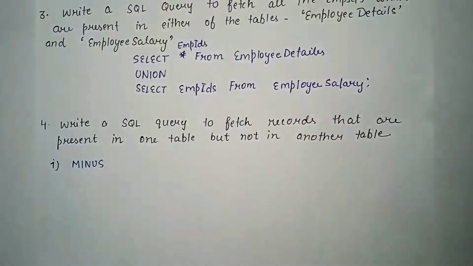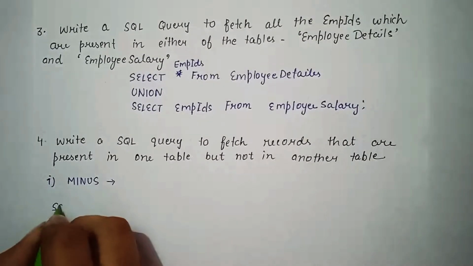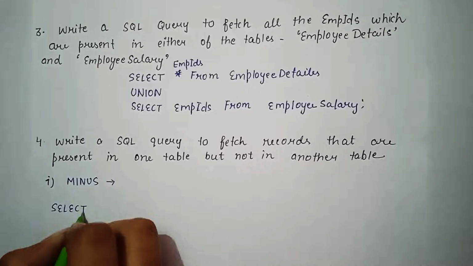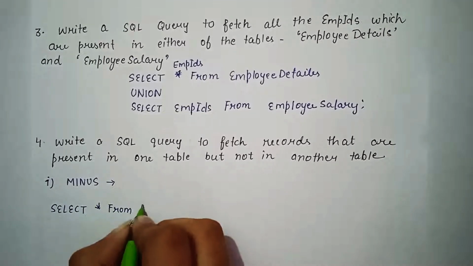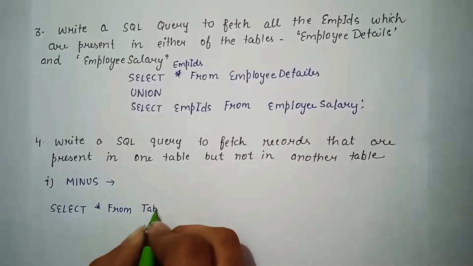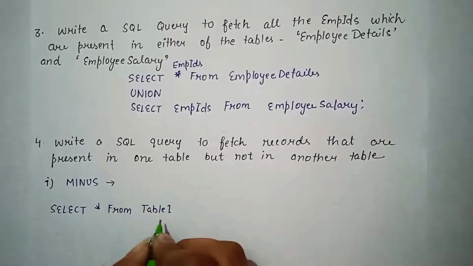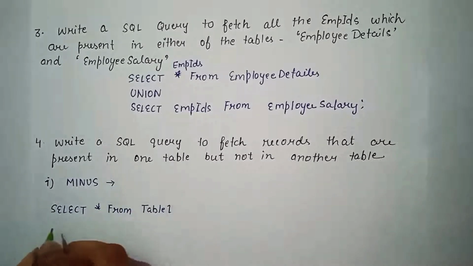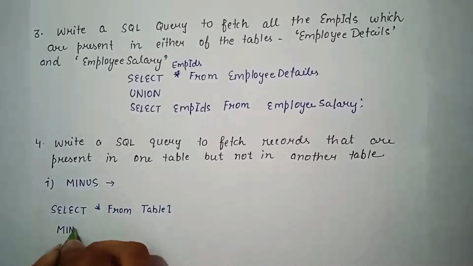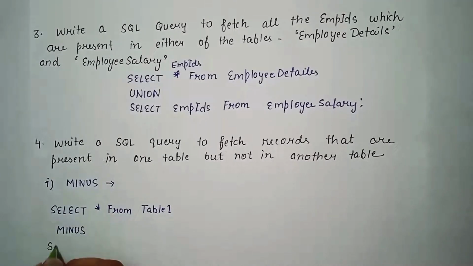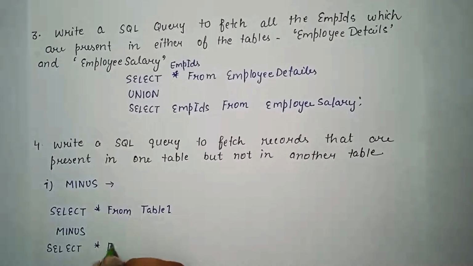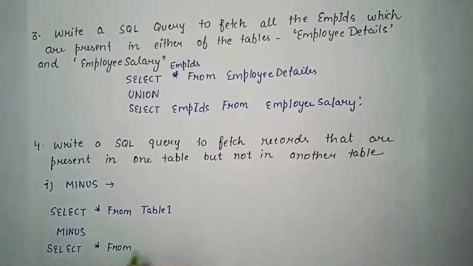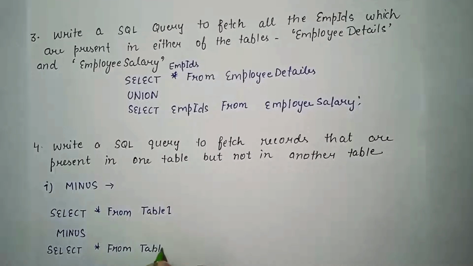Okay, so the query would be select star from, let's say the name of the first table is table 1. Okay, this is table 1, and now we will write over here the minus operator, minus select star from table 2.